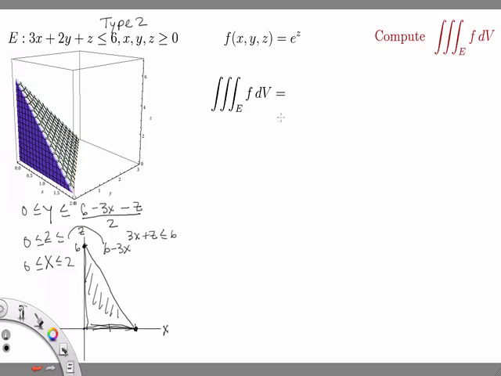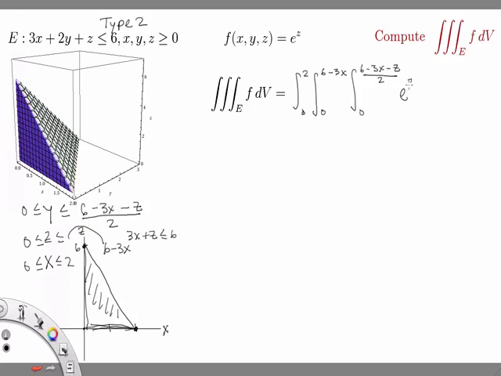So at this point, I'm ready to set up my triple integral over E as an iterated integral. It's going to be from 0 to 2, from 0 to 6 minus 3x, and from 0 to 6 minus 3x minus z over 2.